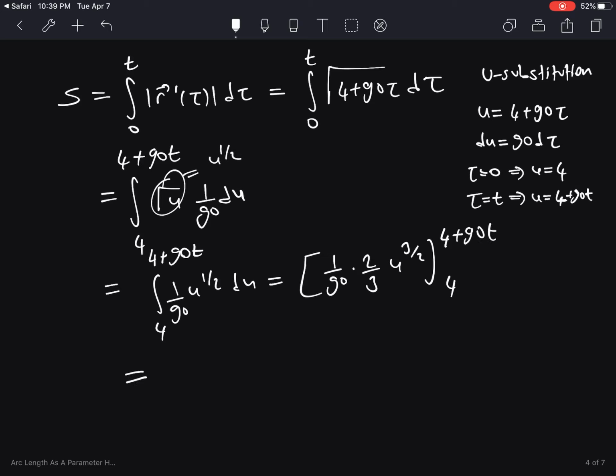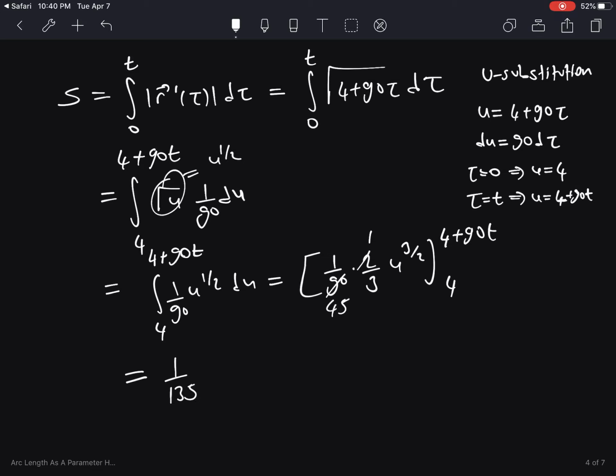Okay, so if you substitute these boundaries and do the simplification, for example, this is going to be 45 and this is going to be 1 if you divide both numerator and denominator by 2, and if you multiply 3 with 45, you will get 1 over 135 here.